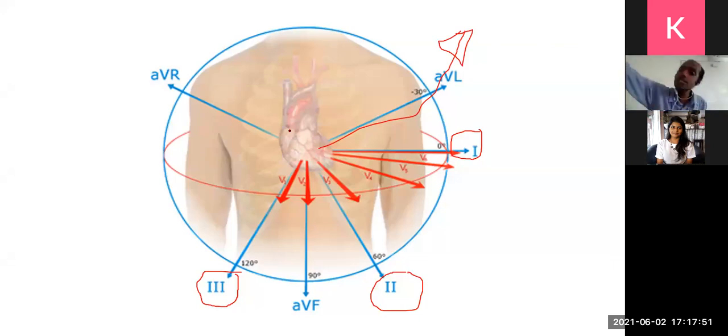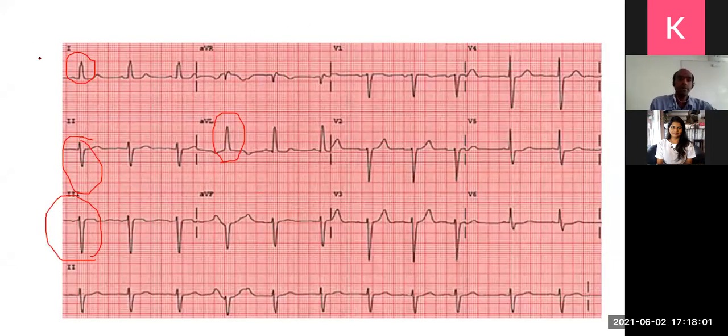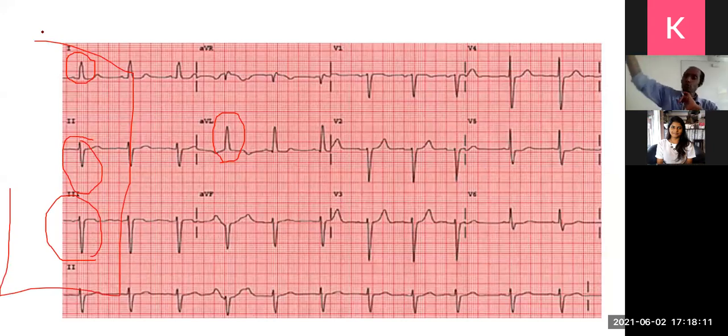It's going towards 1, so that's positive, but it's going away from 2 and 3, so therefore it is negative. And this ECG very nicely illustrates that. You only need to look at 1, 2 and 3, we usually forget this first. And you can see very nicely what's happening. 1 positive, 2 negative, 3 negative.